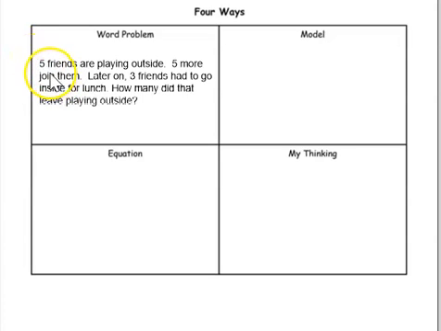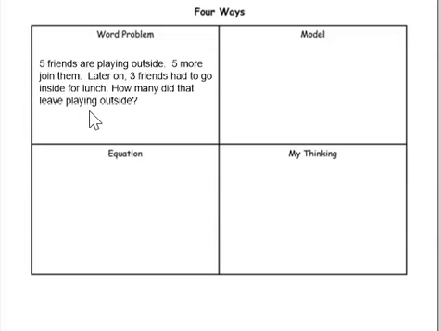Okay, so some friends are playing outside. Can you picture that in your head? Some more join them. Later on, some friends had to go inside for lunch. How many did that leave playing outside?